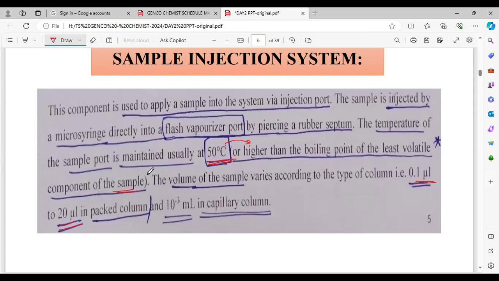Then only your detector will detect the different components in the sample taken. Is it clear? So this is about sample injection. It is generally maintained at 50 degrees centigrade, which is usually higher than the boiling point of the volatile compounds.